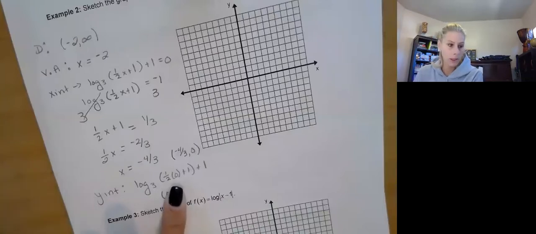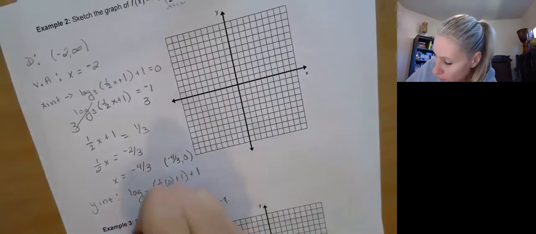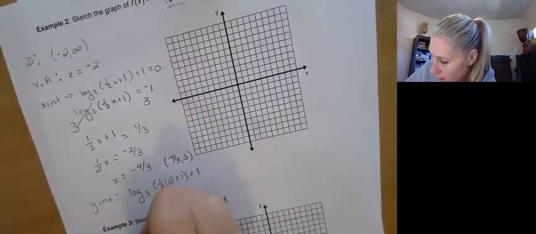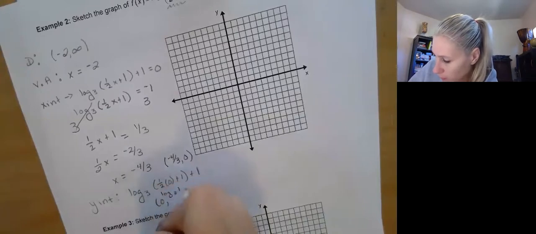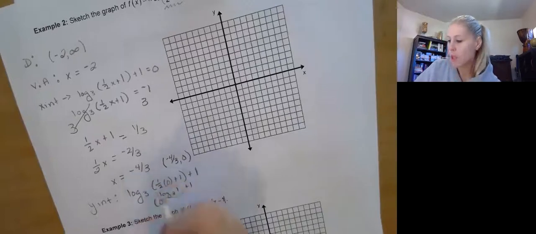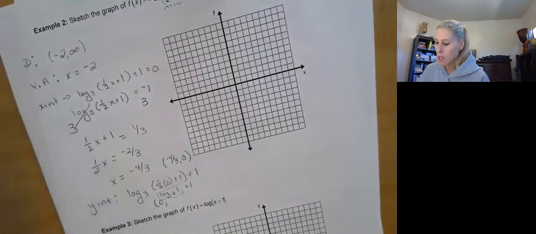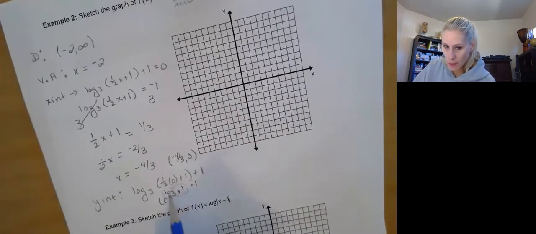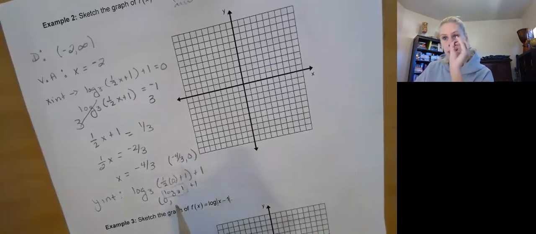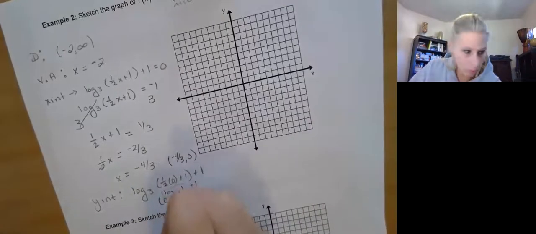Actually, I want to write this out for you so you guys can see it. So if we have log base 3 of 1 plus 1, well, let's look at this right here. 3 to the what is 1? 3 to the 0 is 1. So this evaluated would be 0. And 0 plus 1 is 1.